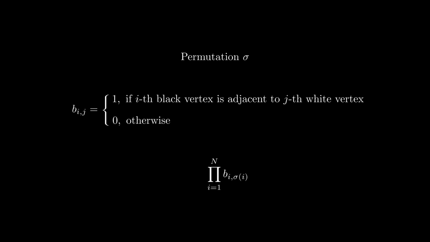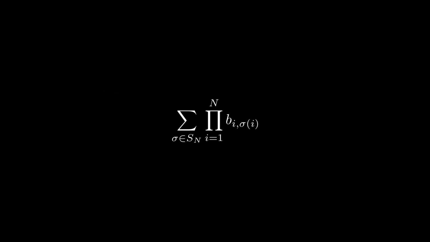If there are two non-adjacent vertices being matched by sigma, one of the B_{i,sigma(i)} will be 0, making the whole product 0 as well. So, if we take the sum over all possible permutations of this product, we get the following for the number of perfect matchings. Here, Sn denotes the set of permutations of the numbers 1 to n.